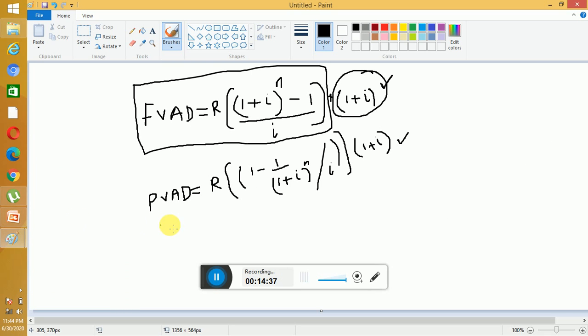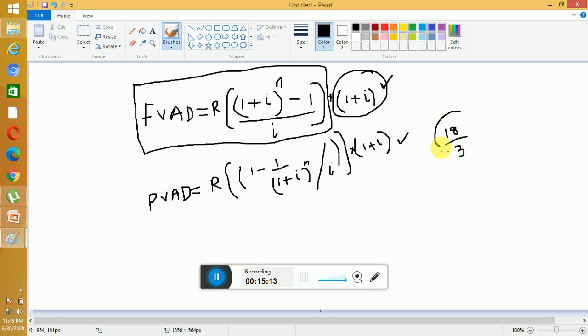Now look at the formula. This is the formula. That's why we multiply this factor with 1 plus I. Now see, what does it mean? Suppose 18 divided by 3.